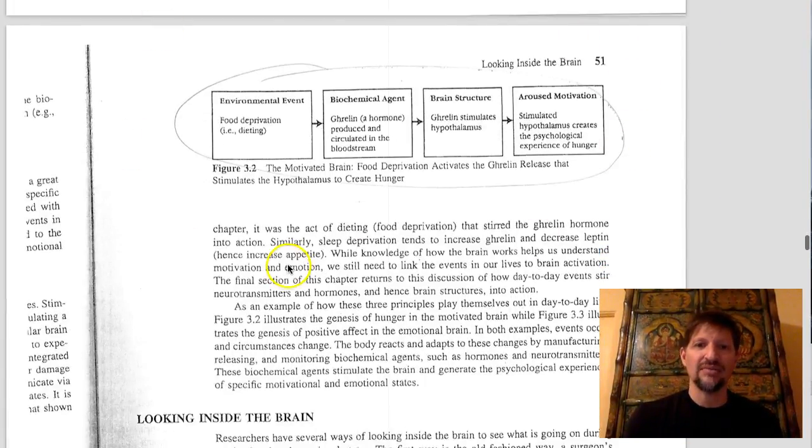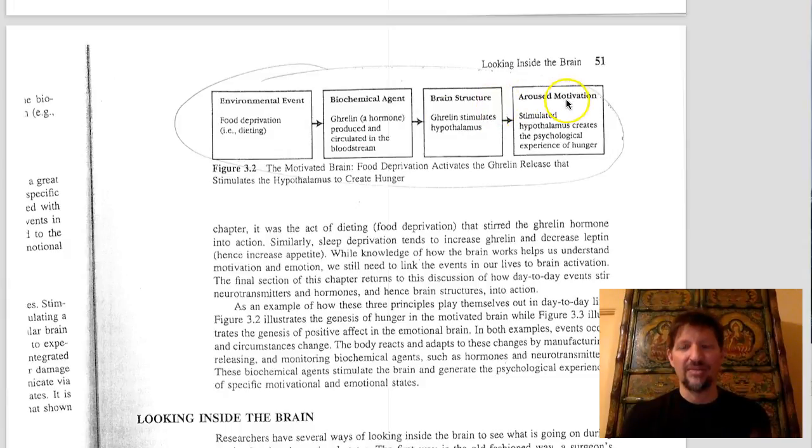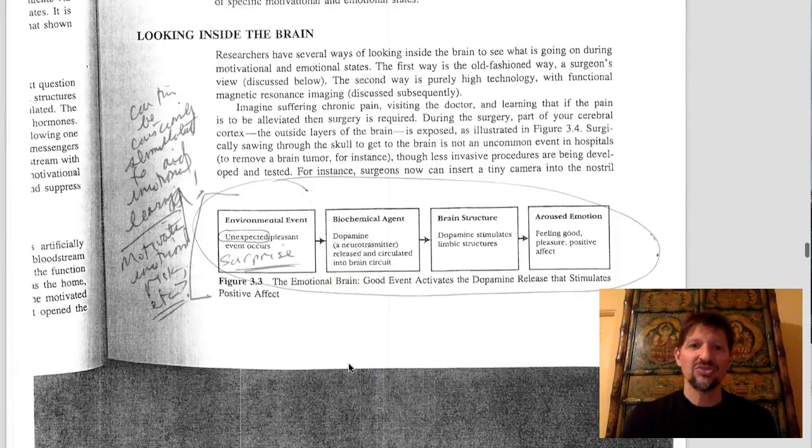It shows it here. It gives a couple examples. Food deprivation, dieting, right, is the environmental event. The biochemical agent is ghrelin, which we talked about, right, which stimulates the hypothalamus to increase your hunger, and then the motivation is to eat, basically. And the same is true going the other direction. You have an environmental event.